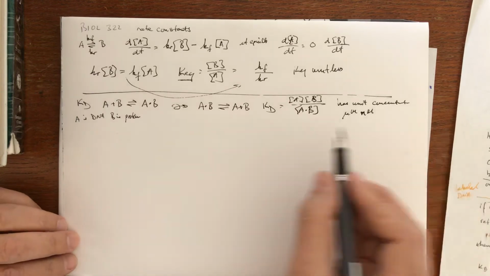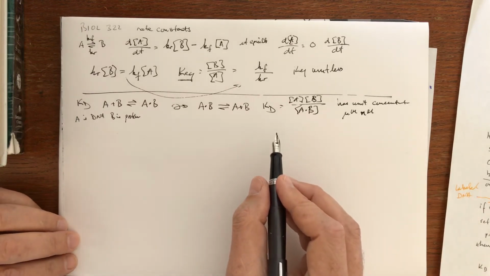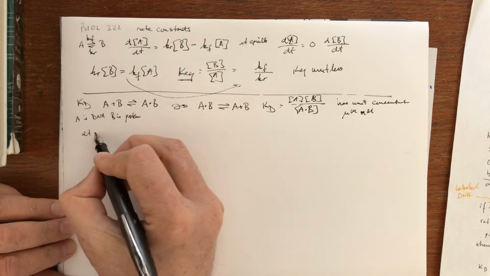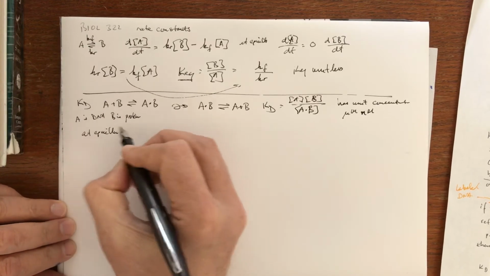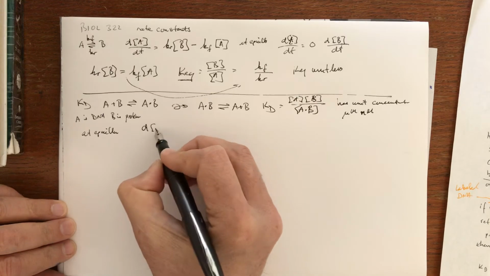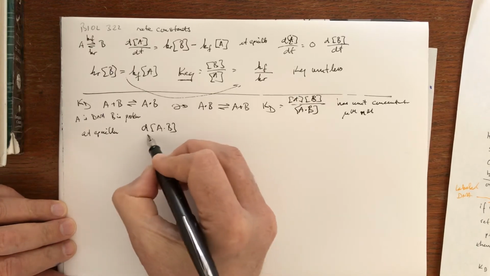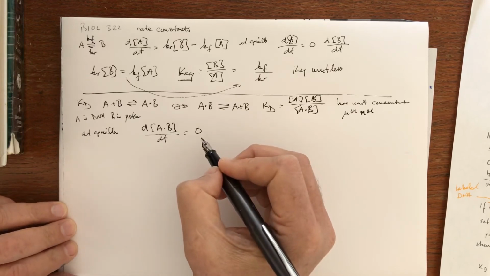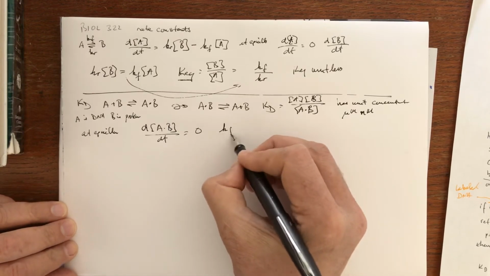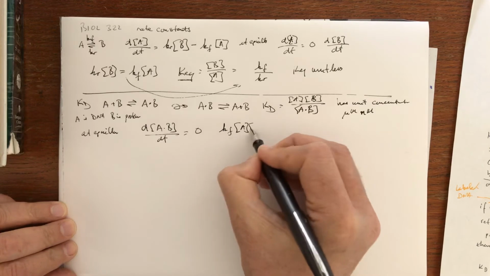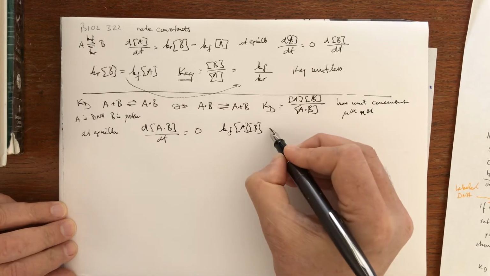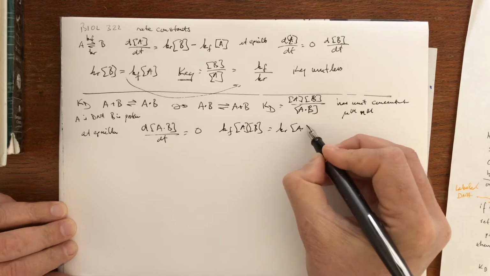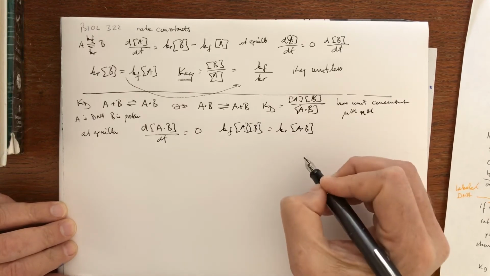So let's think about this at equilibrium. The concentration of the complex doesn't change, so the change is 0, and therefore the forward rate constant times the product of the reactants is going to be equal to the reverse rate constant times the concentration of the product.